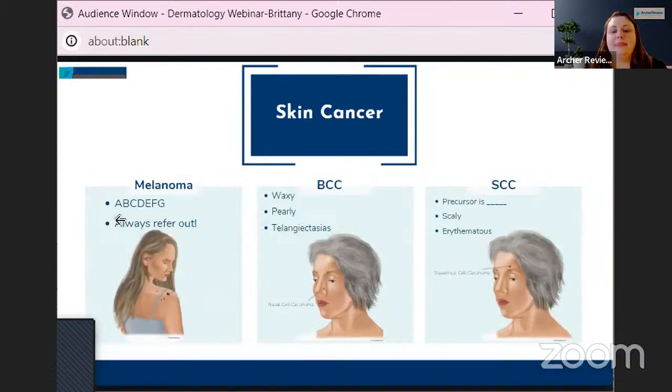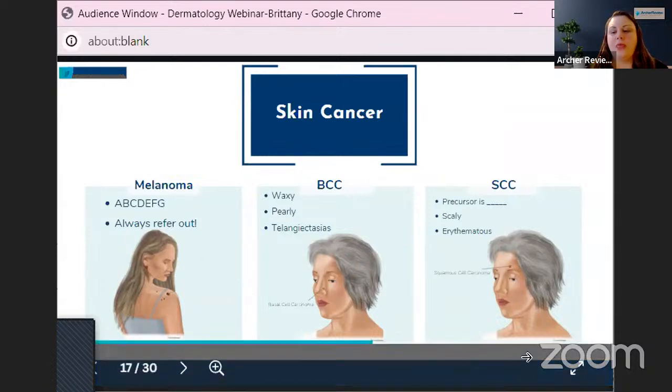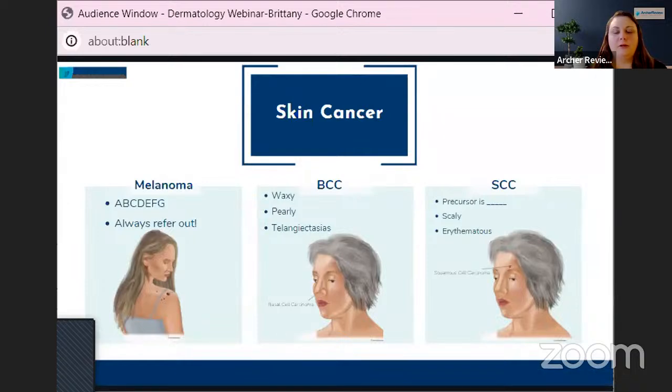So we have the A, B, C, D, E, F, Gs of melanoma. I think by the time we all retire, it's going to be a whole alphabet. That's what I think. But who can tell me the A, B, C, D, E, F, G? Can anybody put that in the chat? Who can tell me what that alphabet stands for?